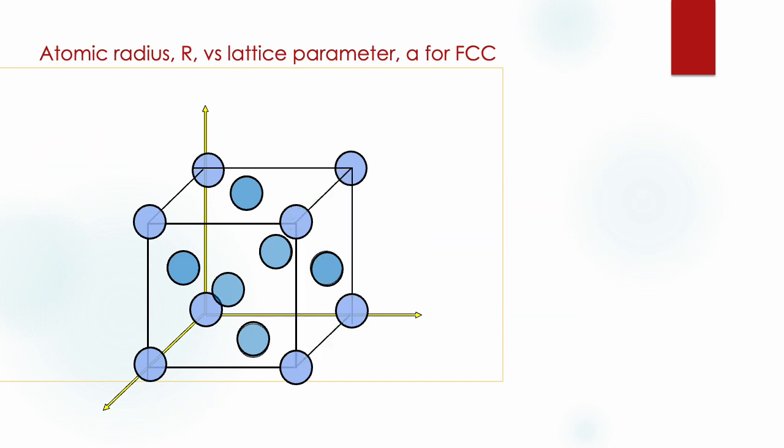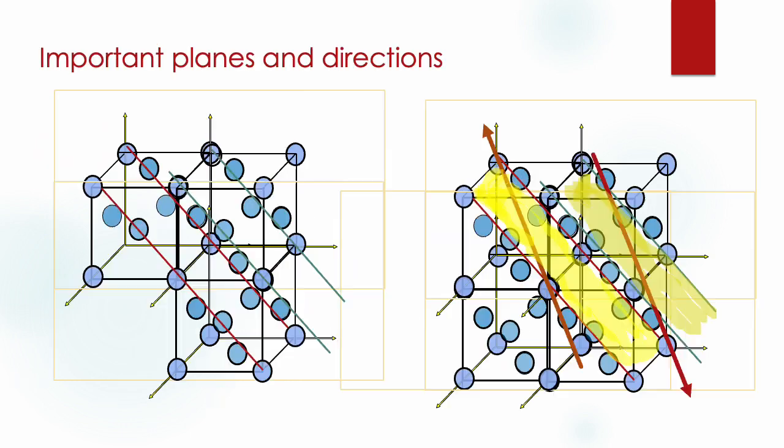Okay, now I don't need this. I can go straight to showing you the planes. Here are the planes that are activated, that slide past one another during permanent deformation. That plane is the 1, 1, 1 plane.